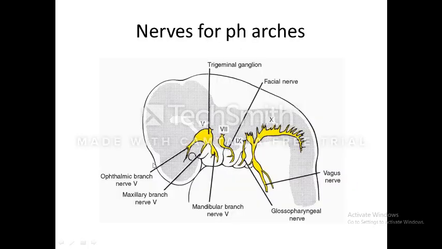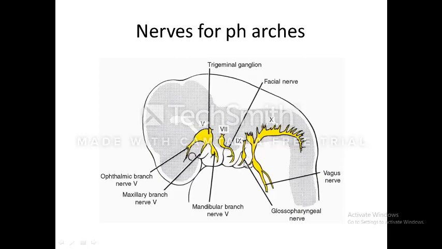هسه نيجي nerve supply of the pharyngeal arches. The first pharyngeal arch is supplied by the fifth cranial nerve, the trigeminal nerve. The second pharyngeal arch is supplied by the seventh cranial nerve, the facial nerve.